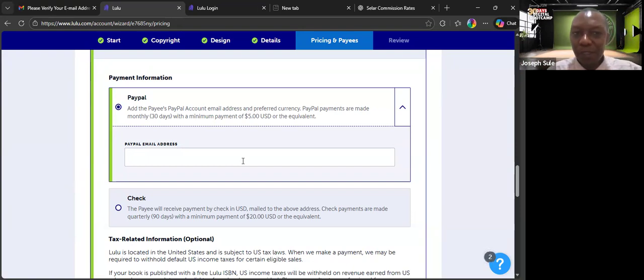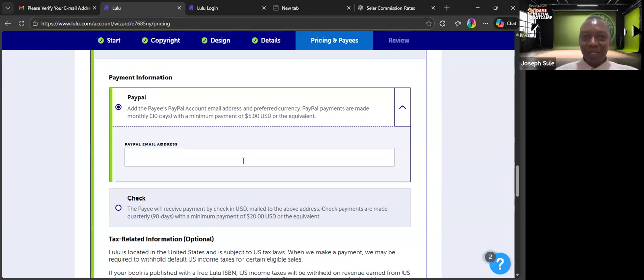So if you want to be paid through PayPal, you will have to go and create a PayPal account. And if you are creating a PayPal account, take note that the email that you use to open your Lulu account must be the email that you will use to open the PayPal account.